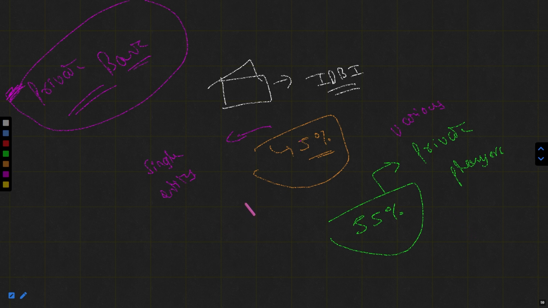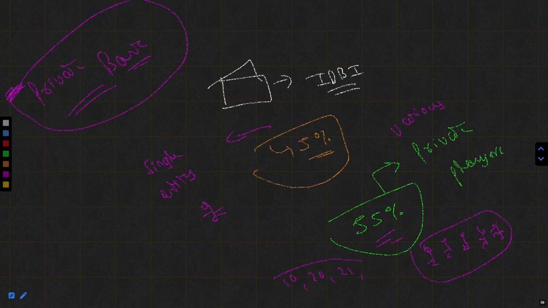Only one entity is there in one case, but in the other there are many people. Because of this, no single person holds the 55% stake. Maybe someone holds 10, someone holds 20, someone holds 21, and so on.